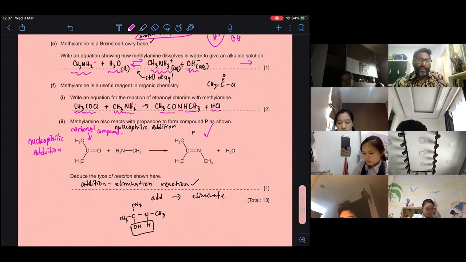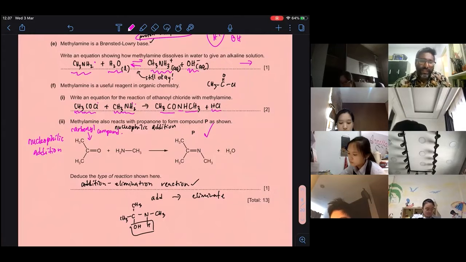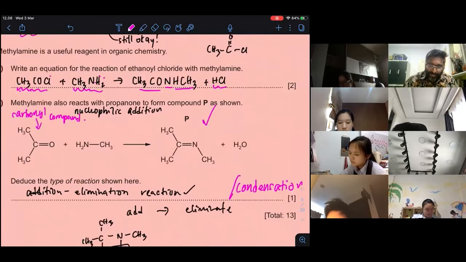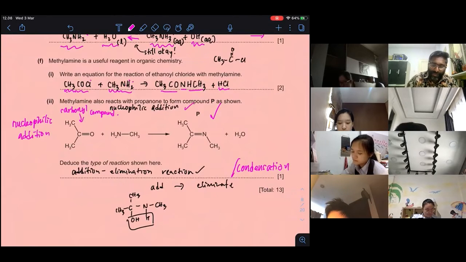If water is being removed, the type of reaction can also be written as a condensation reaction, because water is removed. But the best answer is not condensation. The best answer is a very special type of reaction, because generally we think it's a nucleophilic addition reaction, but it's very special.